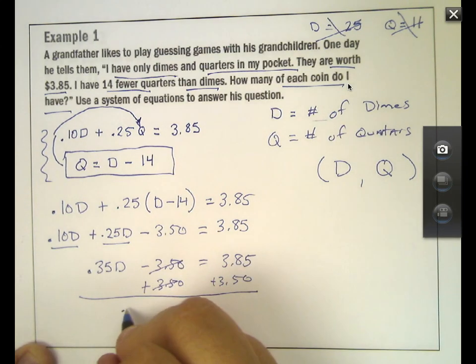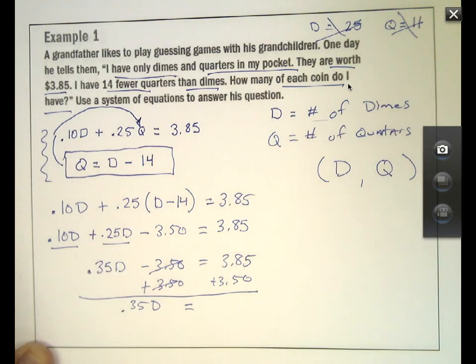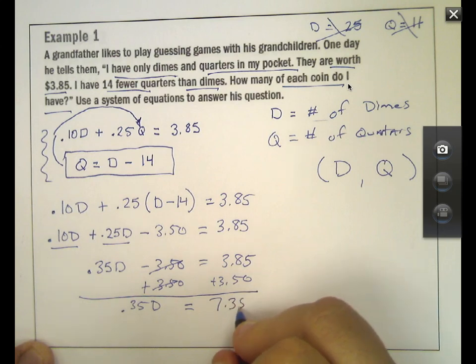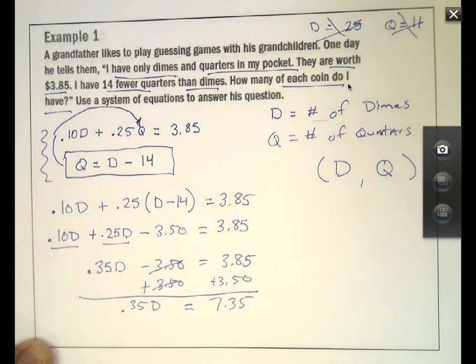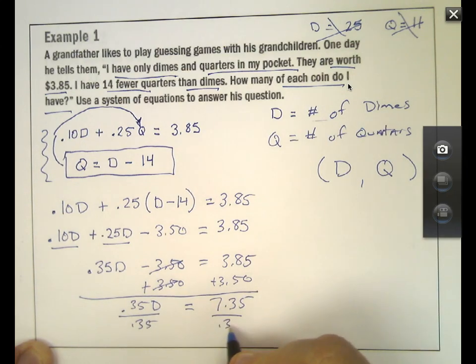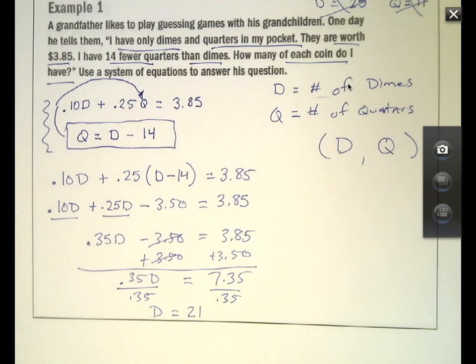That cancels out, leaving me with 0.35D. And $3.85 plus $3.50 is going to give me $7.35. I divide by 0.35 because I want to find D. And D is equal to 21.